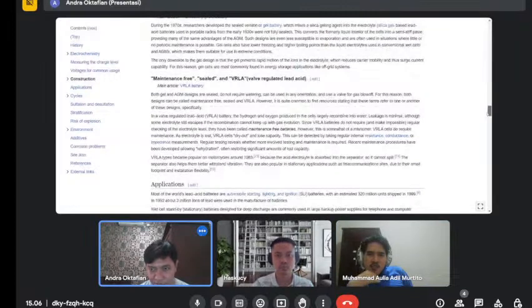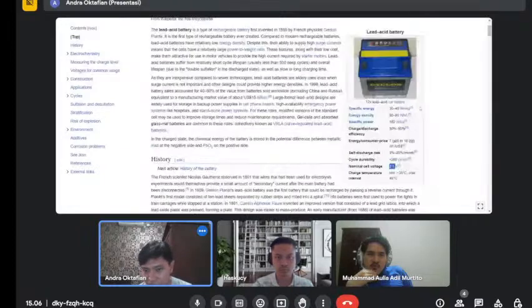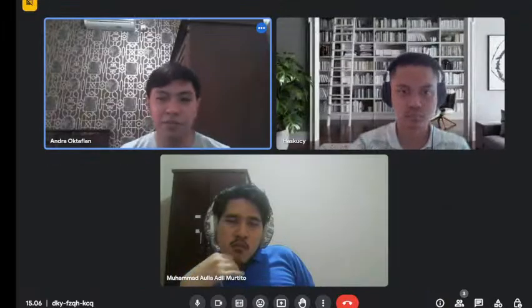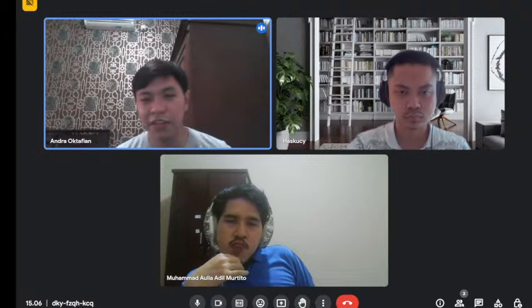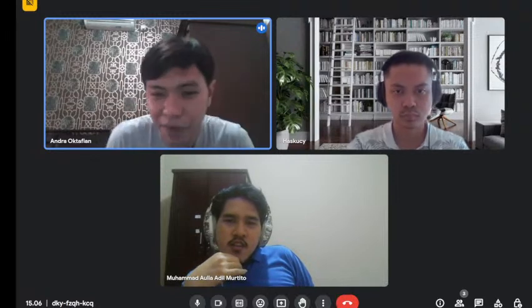It has 2.1 volts as the nominal cell voltage, as I see here. And the point is that we need to be concerned about the environment before we establish a very toxic chemical compound plant.